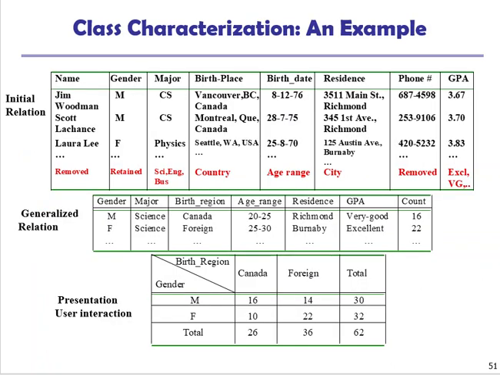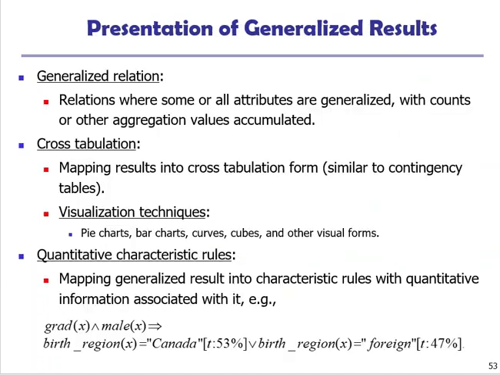So the results can be presented in this way for the user to see if that makes sense, or they can be presented in many other ways: the cross tables that we saw earlier, bar charts, pie charts, whatever visualization techniques can be used. The user can also map those results into rules like association rules.